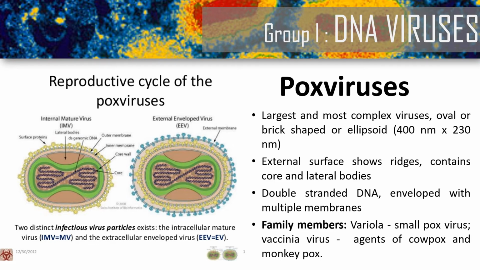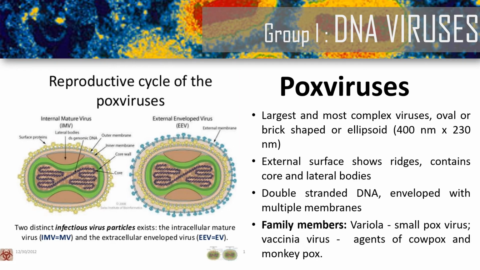So, double-stranded DNA enveloped with multiple membranes. Kaya siya tinawag na complex. Kaya siya under complex class. Family members include variola, you have your smallpox virus, vaccinia virus, agent of your cowpox, at saka monkeypox. So, if you can still remember your immunology, di ba? So, you have your cowpox, di ba? Doon kinuha yung first vaccine, tapos tinransfer sa tao.